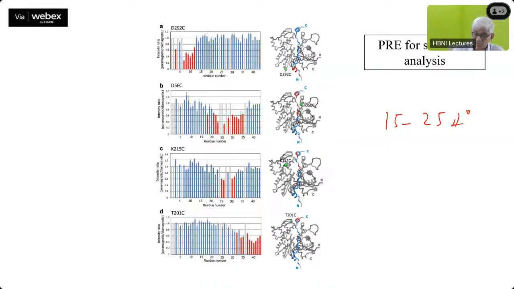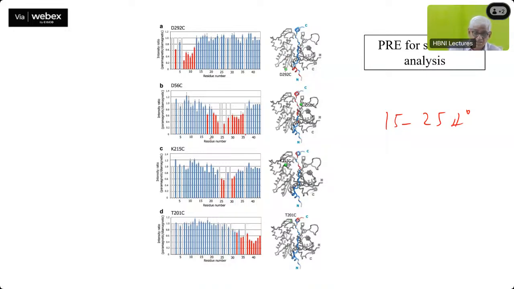The label is kept at one place, and you see these residues are getting perturbed. All these residues have their intensities reduced, other places it is not reduced. What does it mean? It means that these residues are somehow coming closer to the spin label. Now you put this label at different positions in the polypeptide chain, and different portions of the spectrum are affected.